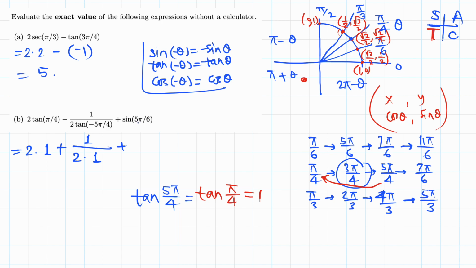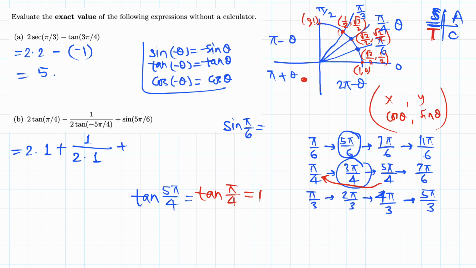Plus sine 5 pi over 6. 5 pi over 6 is in the second quadrant. Sine in the second quadrant, look at ASTC, is positive, and 5 pi over 6 is related to pi over 6. So what is sine pi over 6?